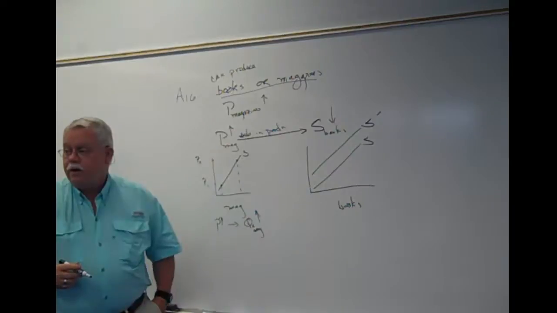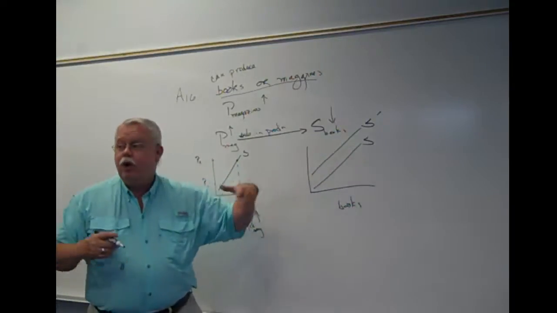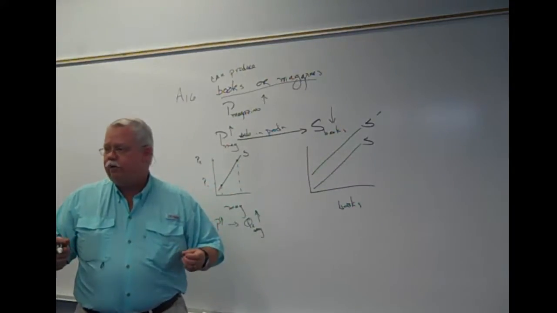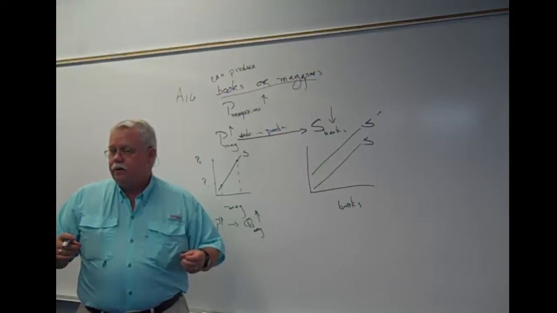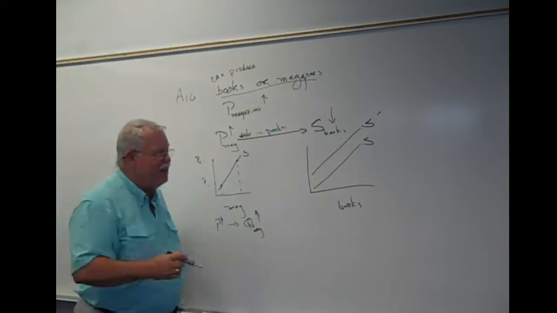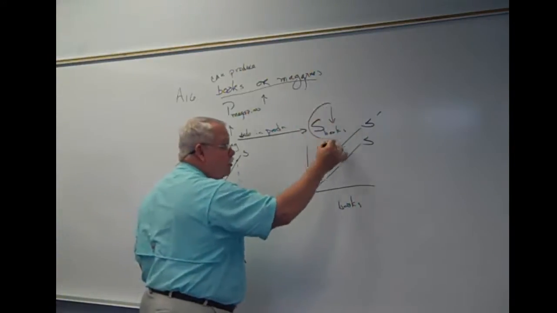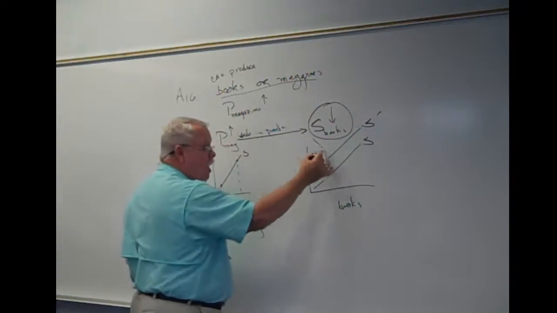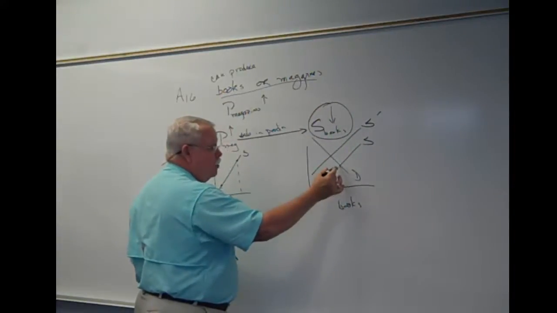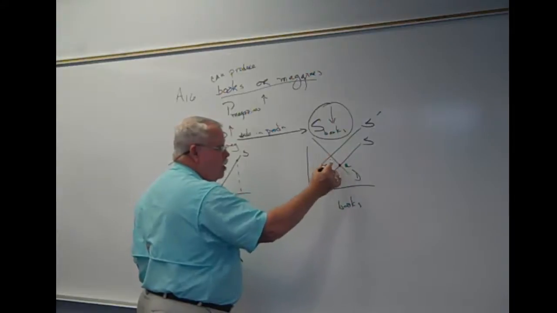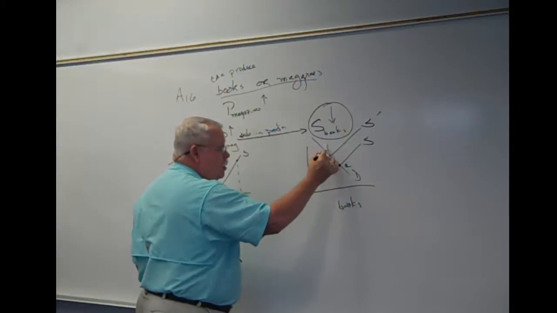Okay so far? When the supply curve shifts, we call it a change in supply, not quantity supplied. So when we get the decrease in supply, we also will observe that we go from equilibrium at A to equilibrium at B.